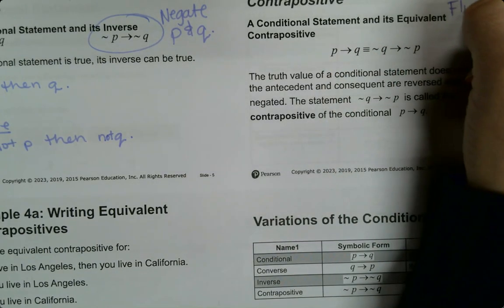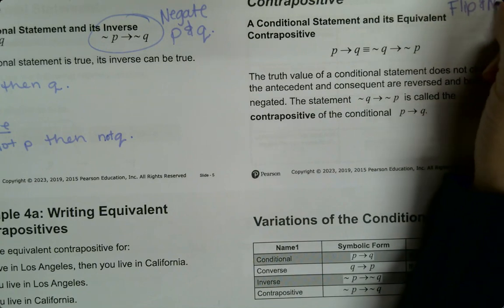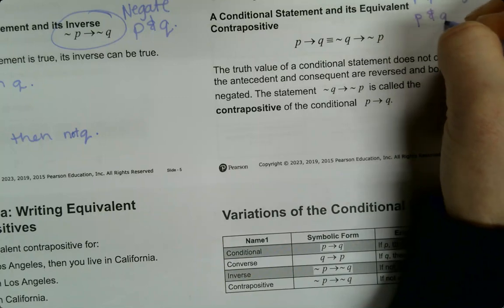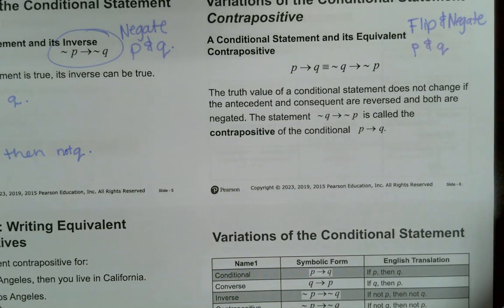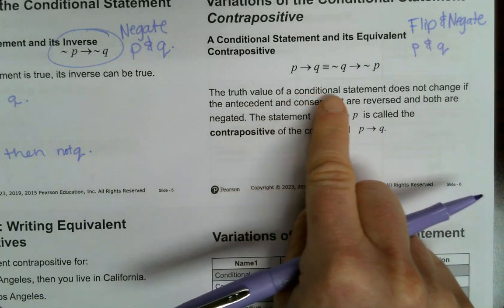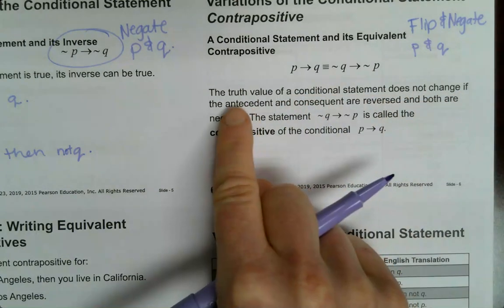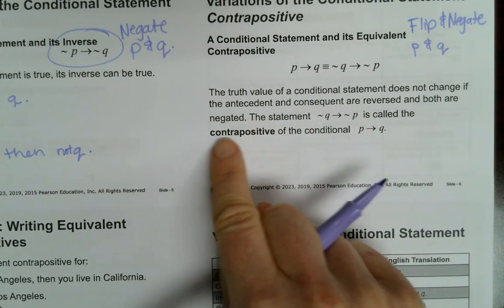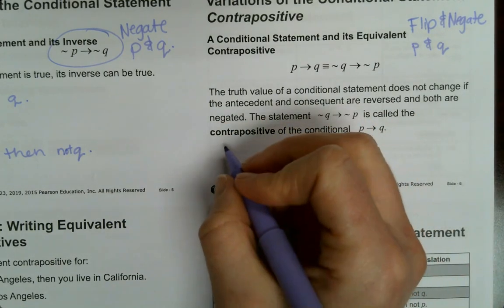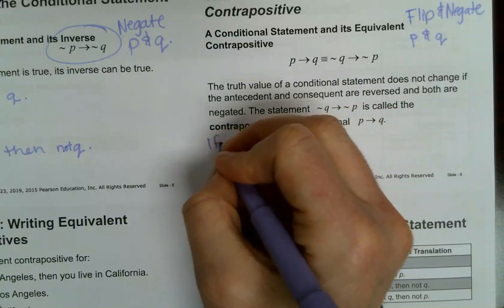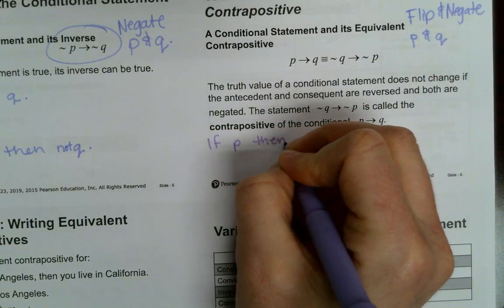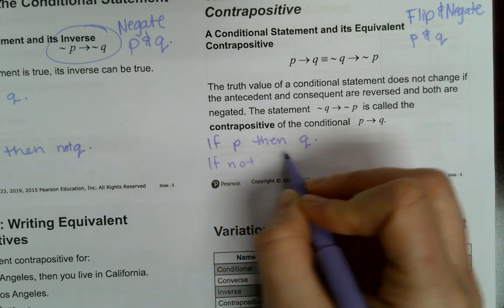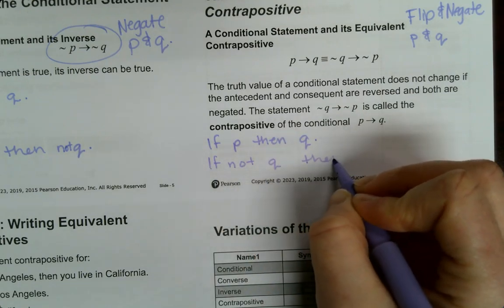So you'll flip and negate P and Q. The truth value of a conditional statement does not change if the antecedent and the consequent are reversed and both are negated. This is called your contrapositive. So if P, then Q becomes if not Q, then not P.